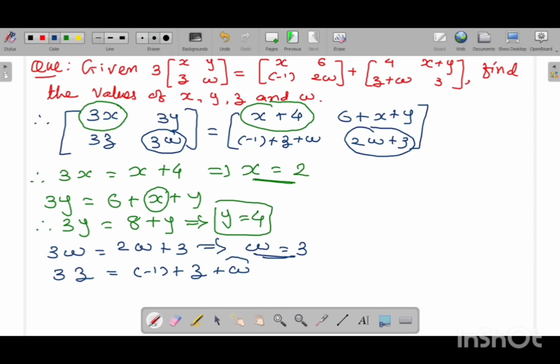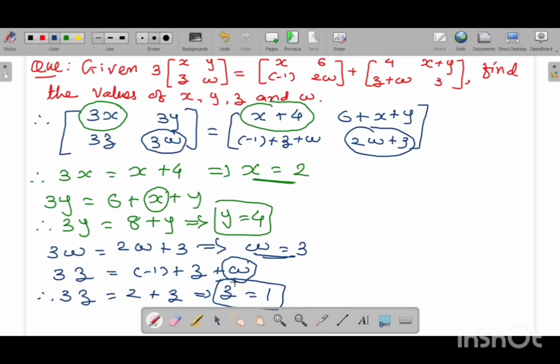Now the value of w you can substitute from the previous one. That means you have 3z equals minus 1 plus 3, meaning 2 plus z. z will go to the left hand side, and ultimately you get z equals 1.